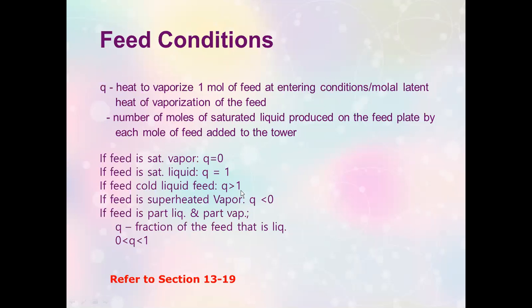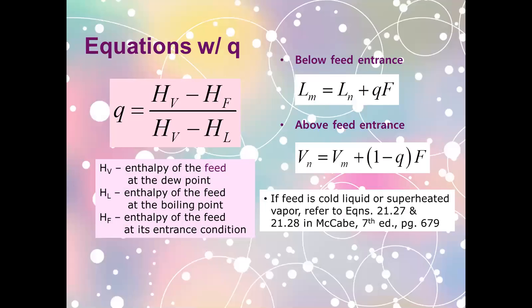If it's subcooled liquid or superheated vapor, this one, meaning your Q is negative. If your feed is the one that was discussed in the video, partly liquid and partly vapor, your Q will have a value between 0 and 1. That's your Q value.